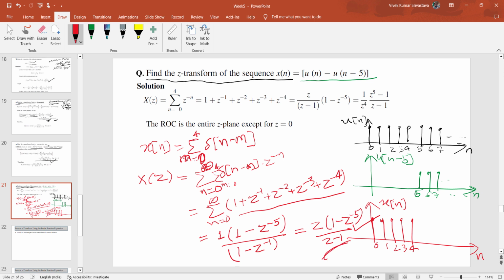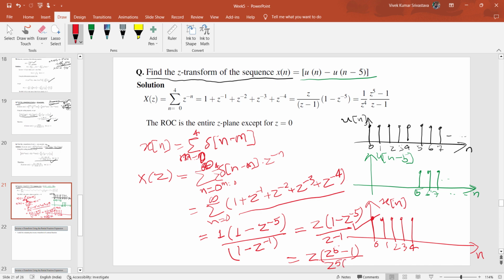As we can see here, we can further evaluate this as z raised to the power 5 minus 1 over z raised to the power 5 into z minus 1, so this z will cancel.